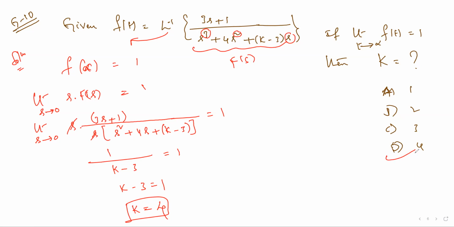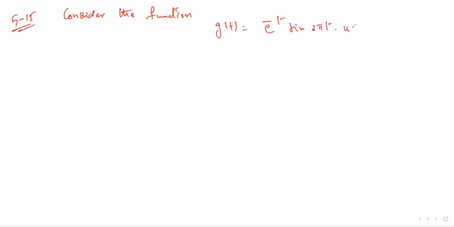Next question. GATE 2015 question. Consider the function g of t is equal to e power minus t sin 2 pi t u of t, where u of t is a unit step function.